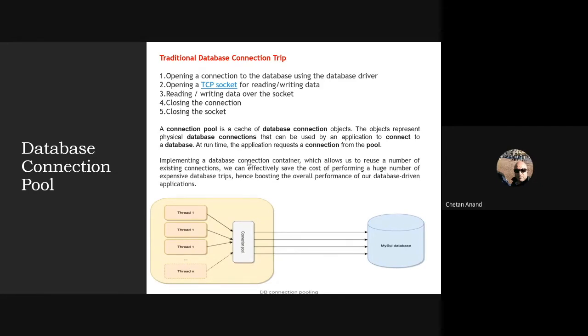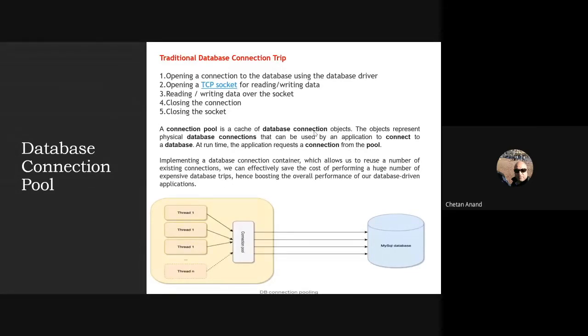A connection pool is a cache of database connection objects. You would have already connected, let's say, 10 physical connections to the database. When you ask for a connection, it gives you one from the pool. It is not opening a connection to the physical server every time; it is already connected. You are just taking a leaf out of the pool and putting it back.